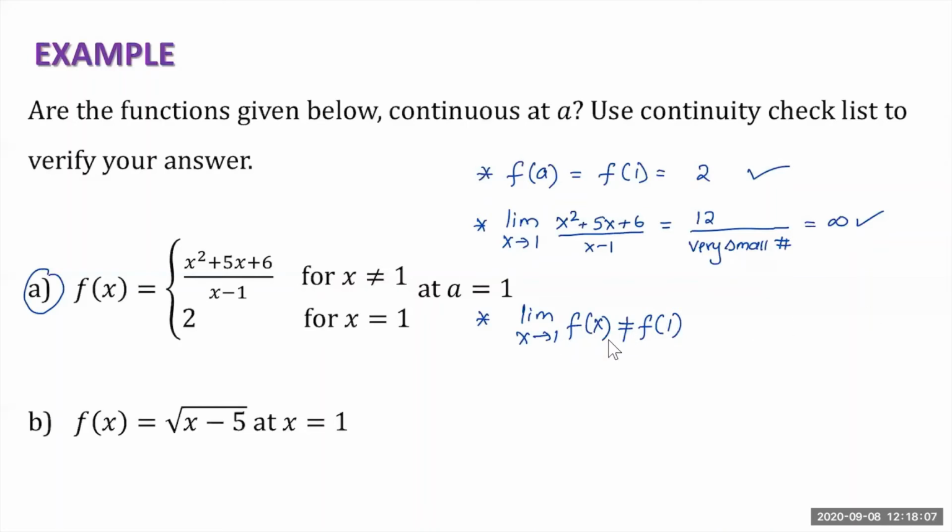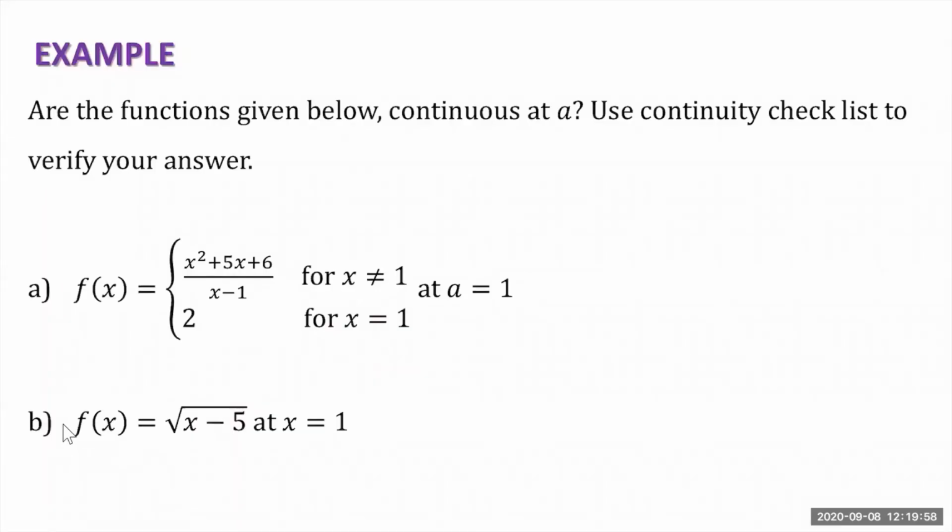So this function is not continuous at x equal to a. The conclusion is f of x is not continuous at x equal to 1. If all three conditions were true, then we say that the function is continuous.